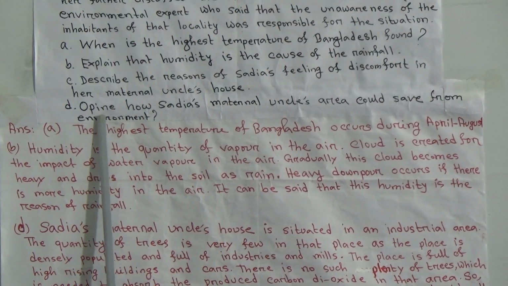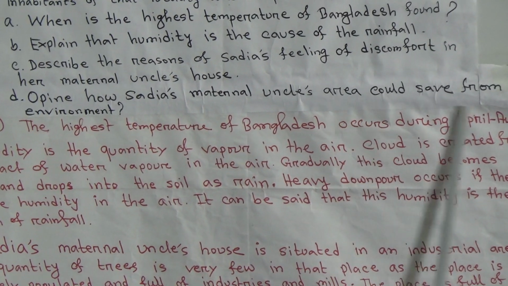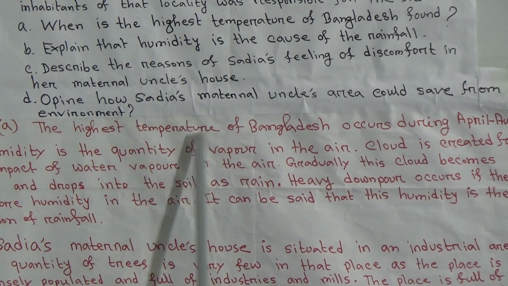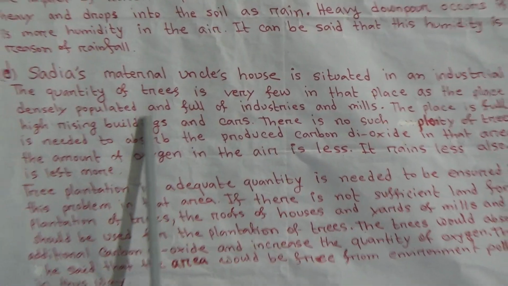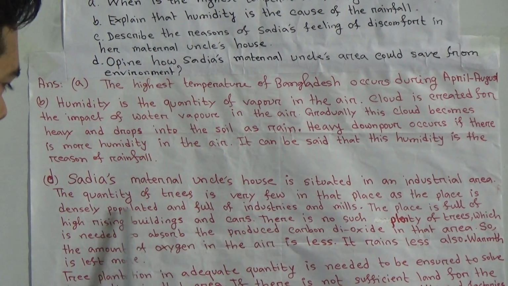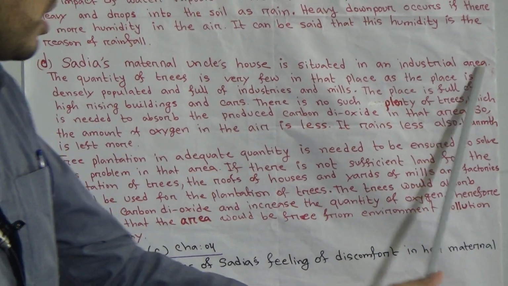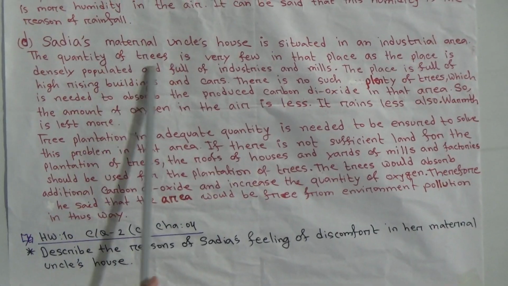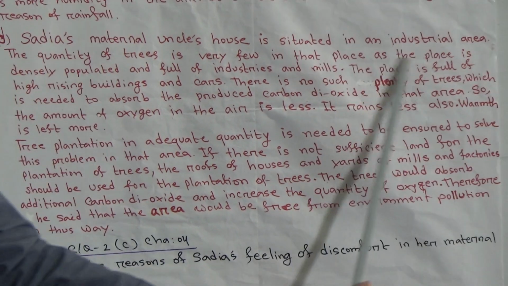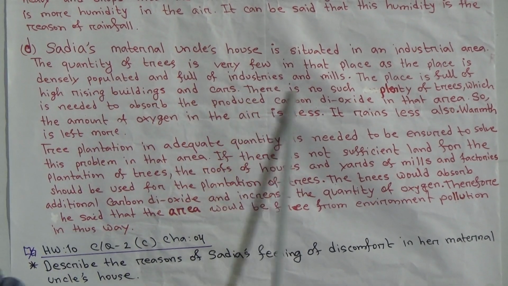So the D number question was, explain how Sadia's maternal uncle's area could be saved from environment pollution. So the answer is: Sadia's maternal uncle's house is situated in an industrial area. The quantity of trees is very few in that place, as the place is densely populated and full of industries and mills.